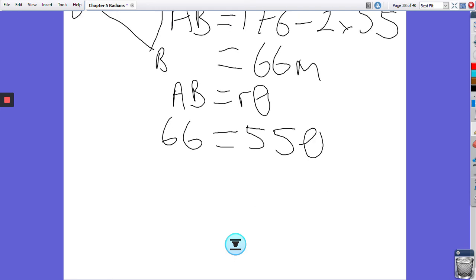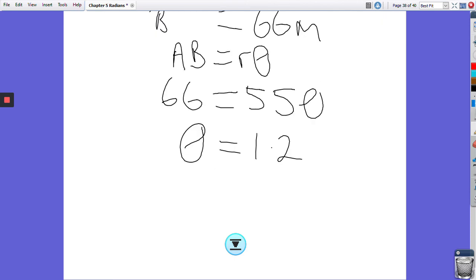And what we've got now is that theta equals 1.2 radians. And that means that if theta equals 1.2 radians, we know the radius, we can now go on and work out the area of the plot.